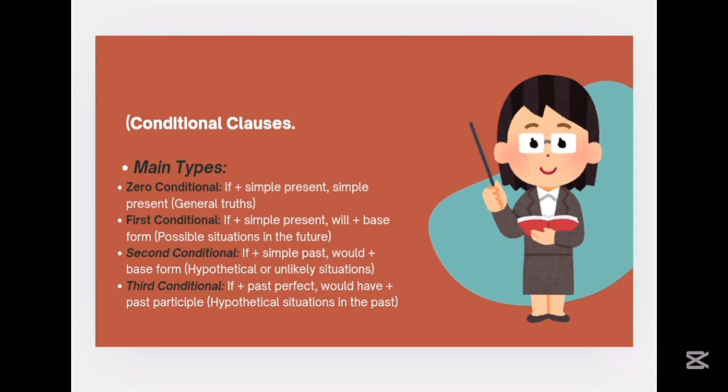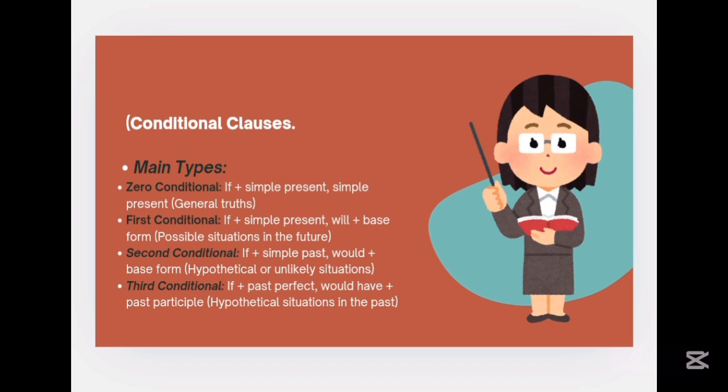The next one is the first conditional, and the form of the first conditional is if, present simple, and will, can, may, might, and the base form of the verb. This form is used to express real possibilities in the present or future and their likely results.